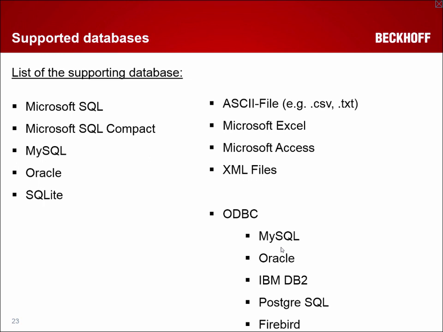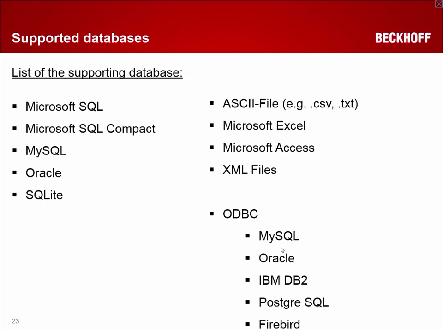Additional to the others, we have IBM DB2, PostgreSQL or Firebird. And then we have some different file-based databases like Microsoft Excel or Microsoft Access, but you can also use an ASCII file like a CSV file or an XML file as a database. So it's maybe not so common, but this is also possible with our TwinCAT Database Server.